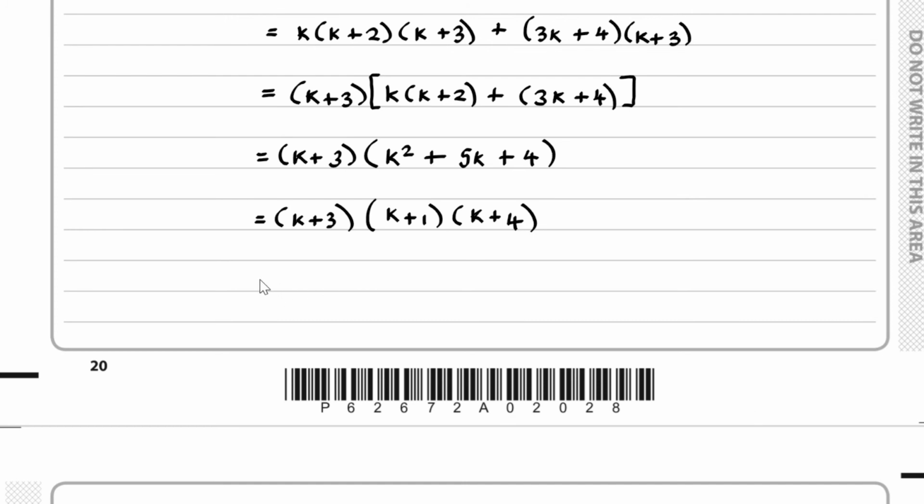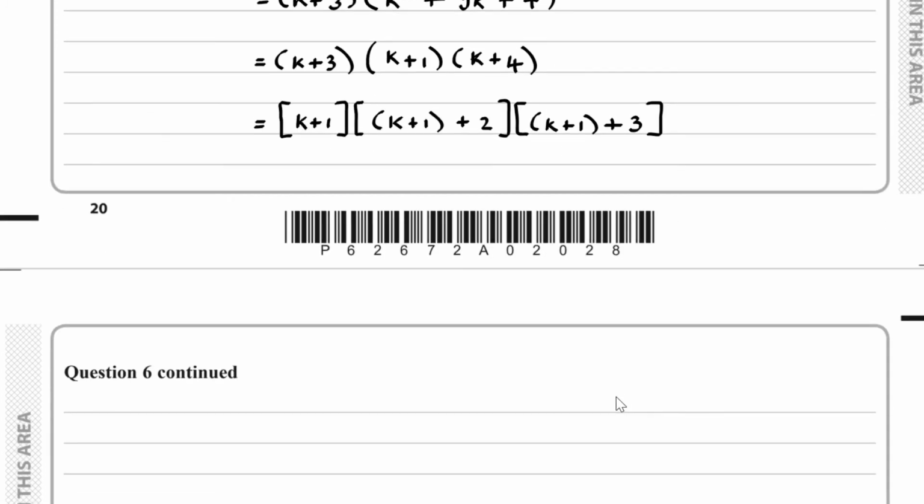So we have the k plus 1 multiplied by the k plus 3, which I'm going to write as (k plus 1) plus 2, multiplied by k plus 4, which I'm going to write as (k plus 1) plus 3.